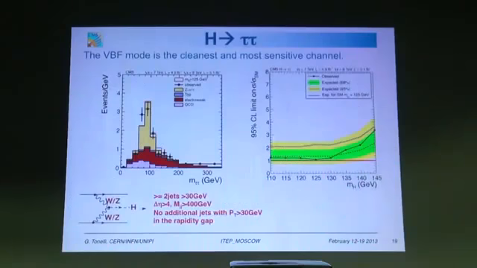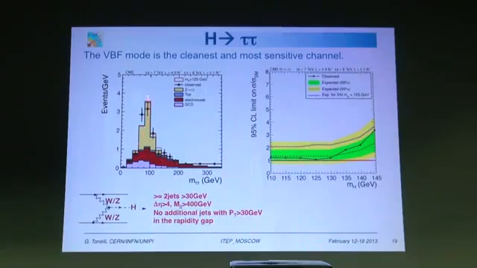However, what you see in data, this is an example from CMS, is not really striking. Again, remember the sensitivity is very low. Here you see, for example, in one of the most sensitive categories, which is the VBF category, how a signal of Higgs boson at 125 GeV decaying into tau tau would appear.